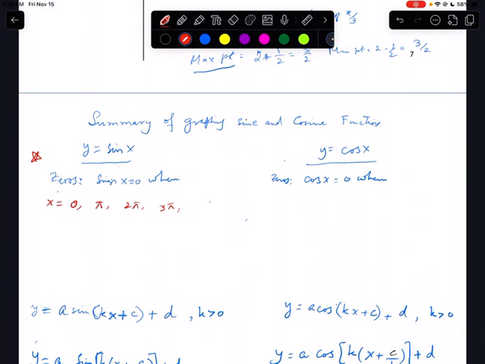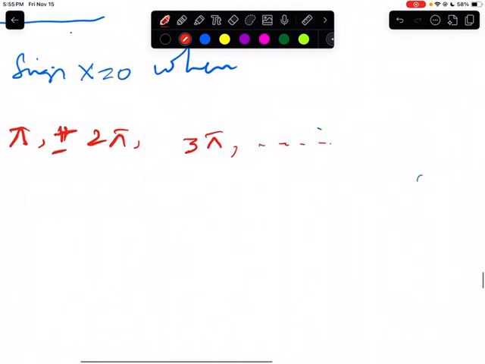Can you see what the numbers will be? We can also have negatives. So you can have negative pi or pi, so I am going to write plus minus here. And similarly negative 2 pi or plus 2 pi, both. Negative, positive, and then plus minus 4 pi, plus minus 5 pi, and so on.